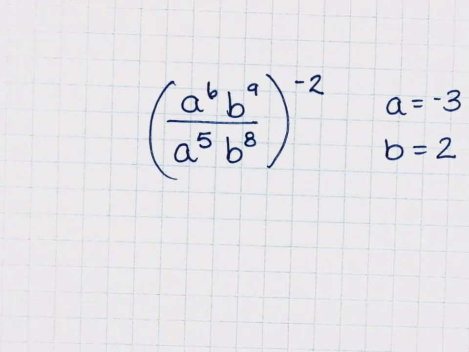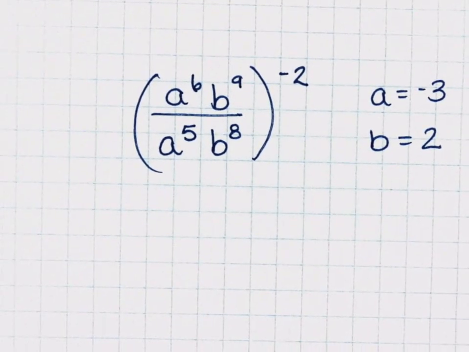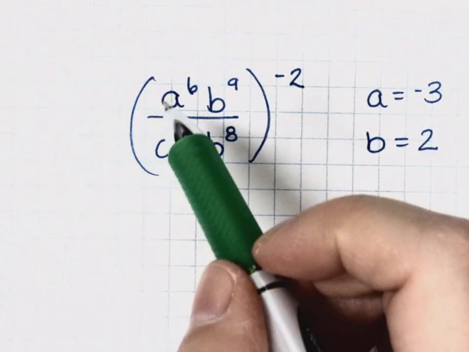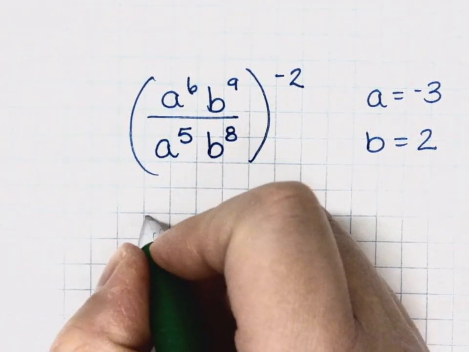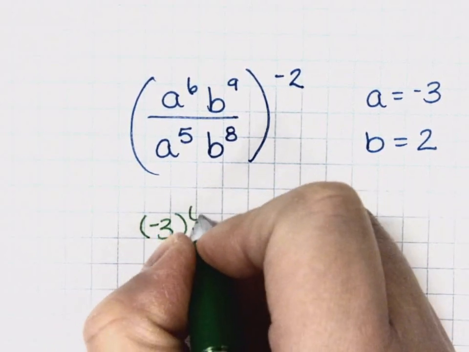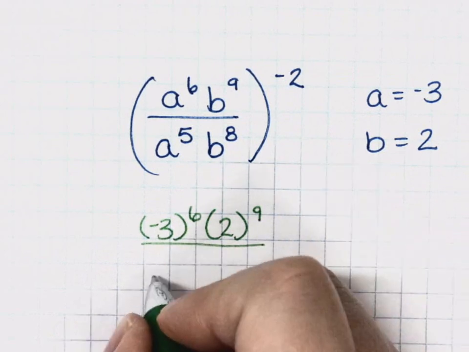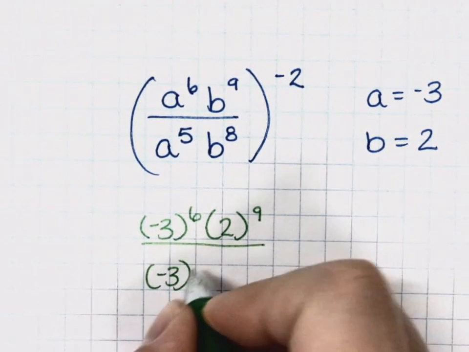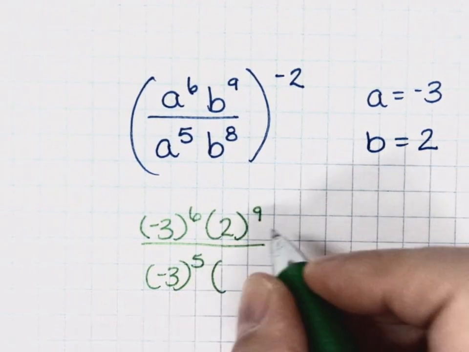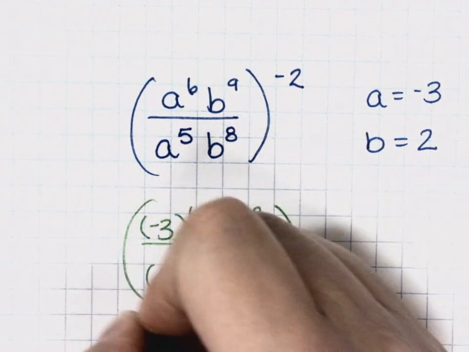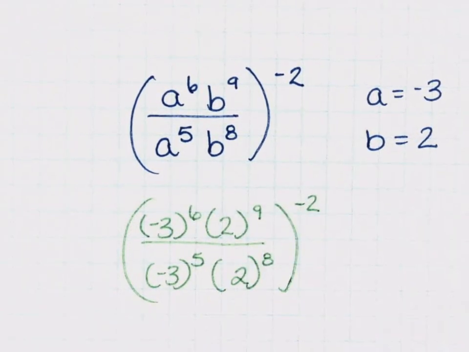The other way you can do it is to substitute the numerical values in right now. So we're going to have negative 3 to the exponent 6, 2 to the exponent 9, over negative 3 to the exponent 5, 2 to the exponent 8, all to the negative 2.